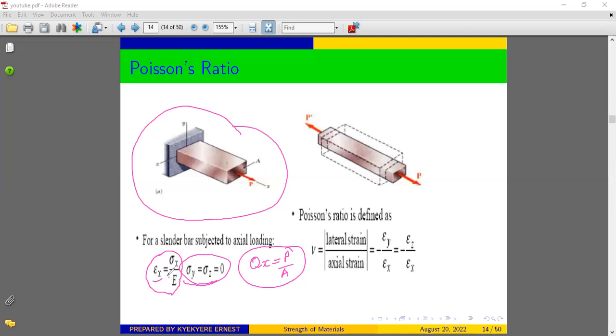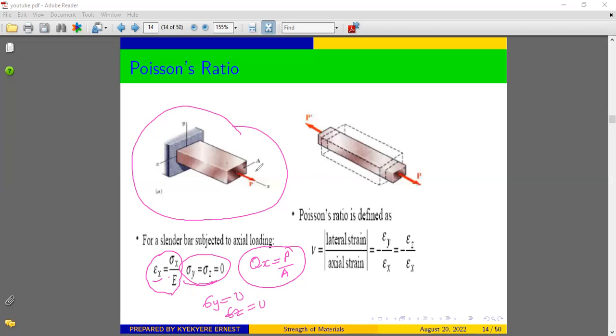However, we cannot say that because the stress on the y-axis is 0 and the stress on the z-axis is also equal to 0, there wouldn't be any deformation along the y-axis and along the z-axis.